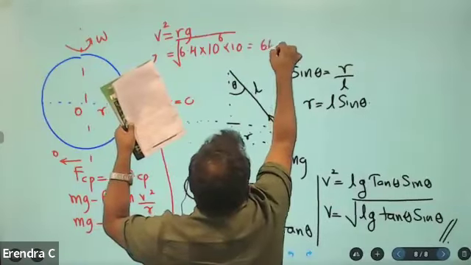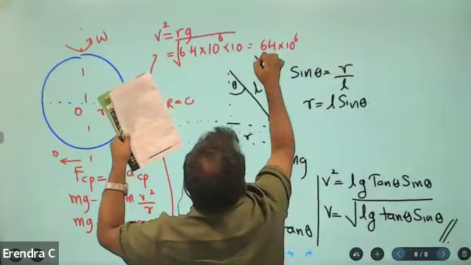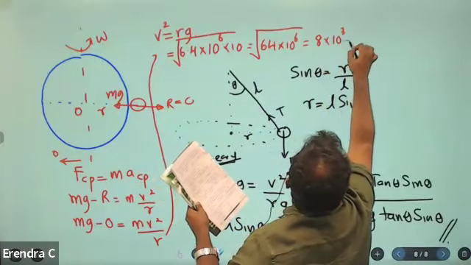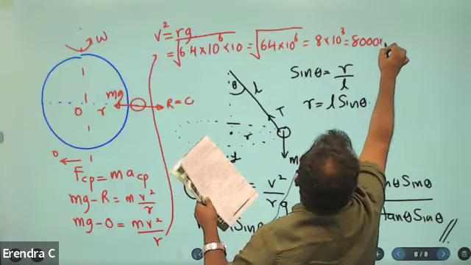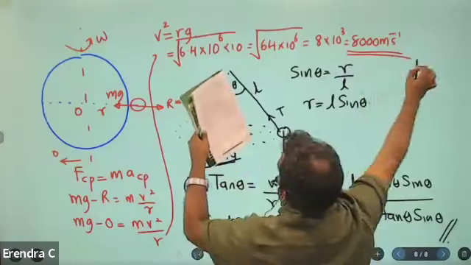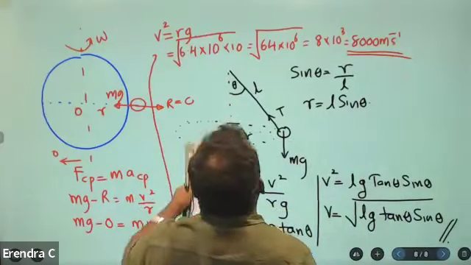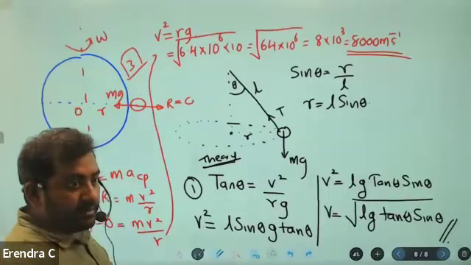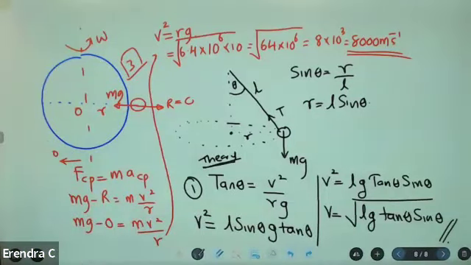That is 64 times 10 to the power 6, square root. The square root of 64 is 8, so 8 times 10 to the power 3. What's your answer? 8,000 meters per second. Your correct answer is answer number 3.